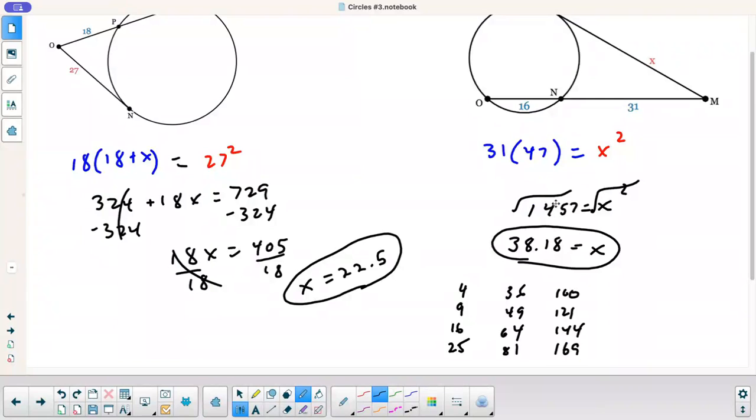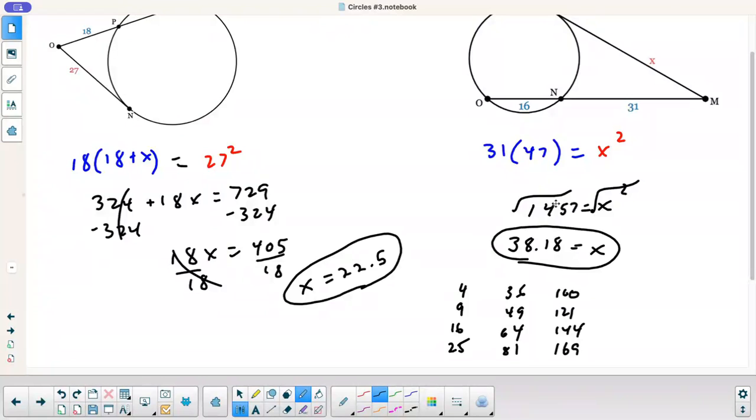All right, 169 doesn't go in, 144 doesn't, 121 doesn't, 100 doesn't, 81 doesn't, 64 does not, 49 doesn't, 36 doesn't.